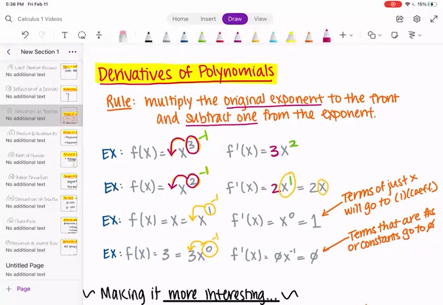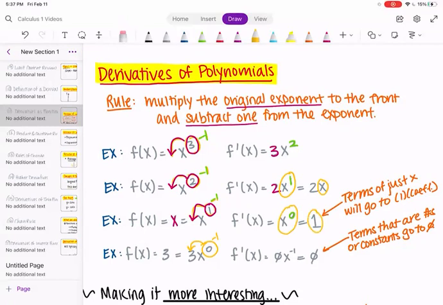And then moving into x to the 1: if I was just going to take the derivative of x, that would be the same thing as x to the 1. I multiply that 1 to the front, and then multiply it by the imaginary 1 right here. Then I do 1 minus 1, which gets me 0. And remember from algebra, anything to the exponent of 0 simplifies to 1.